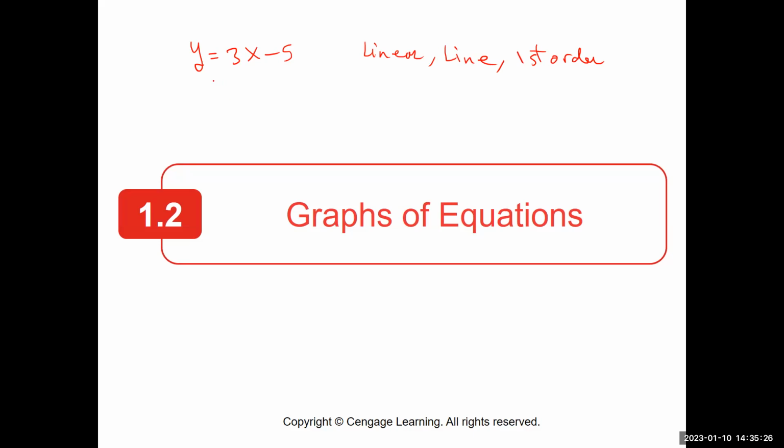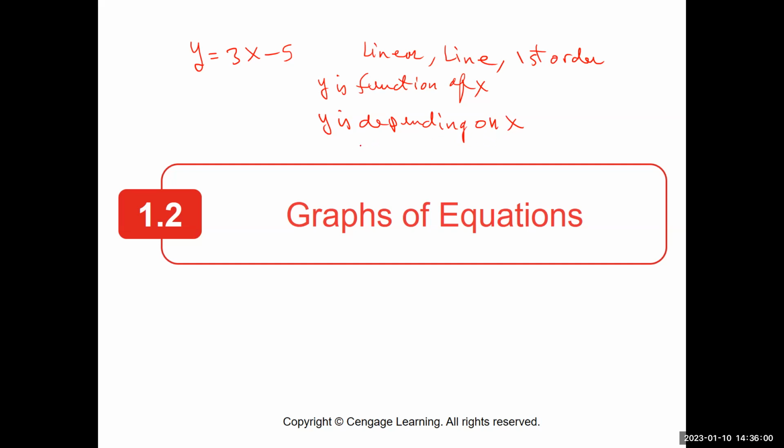Here, y is a function of x. This means y is depending on x. So if we give a value for x, we get an answer for y.